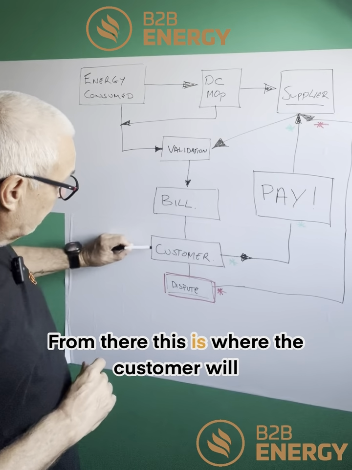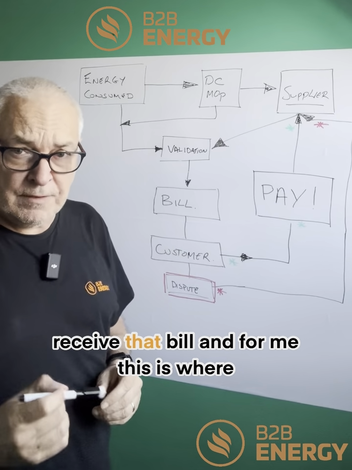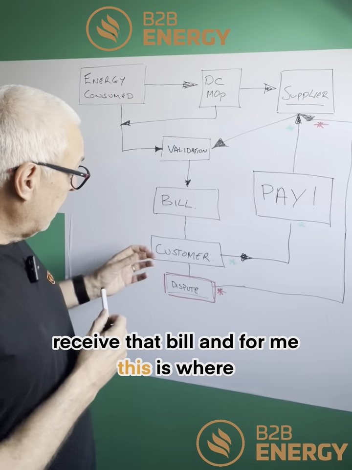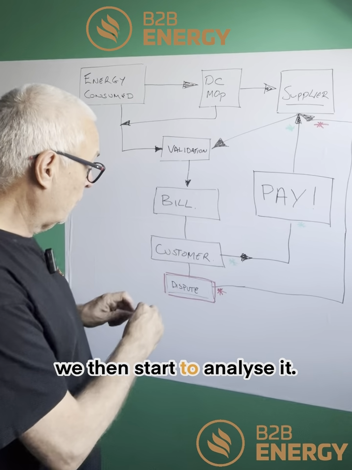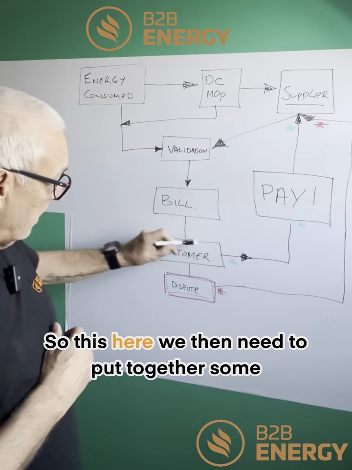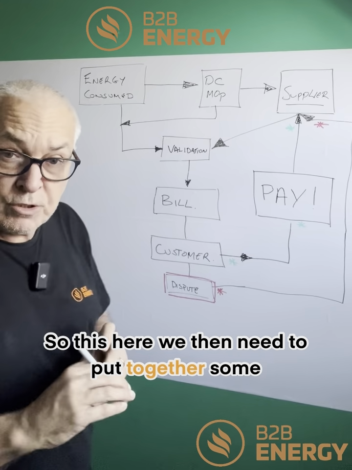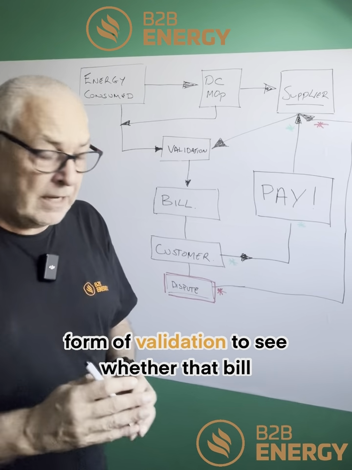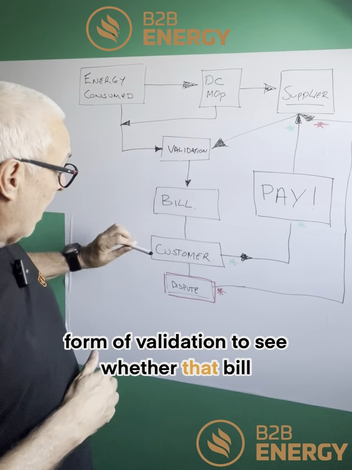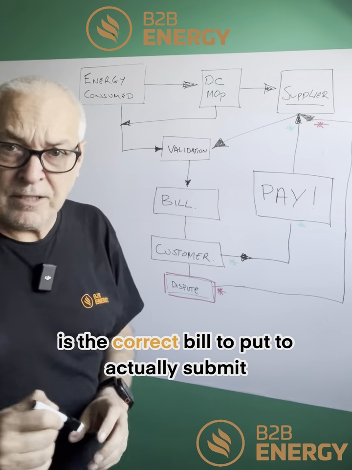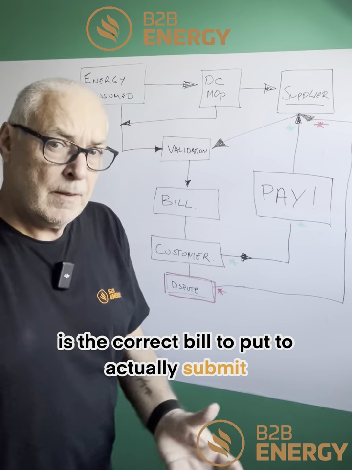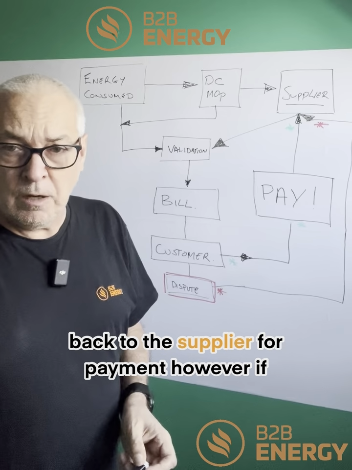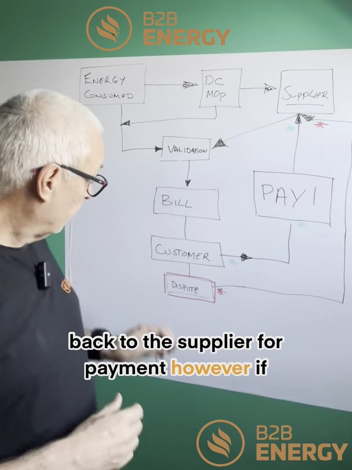From there, the customer will receive that bill, and for me, this is where we start to analyze it. We need to put together some form of validation to see whether that bill is the correct bill to submit back to the supplier for payment.